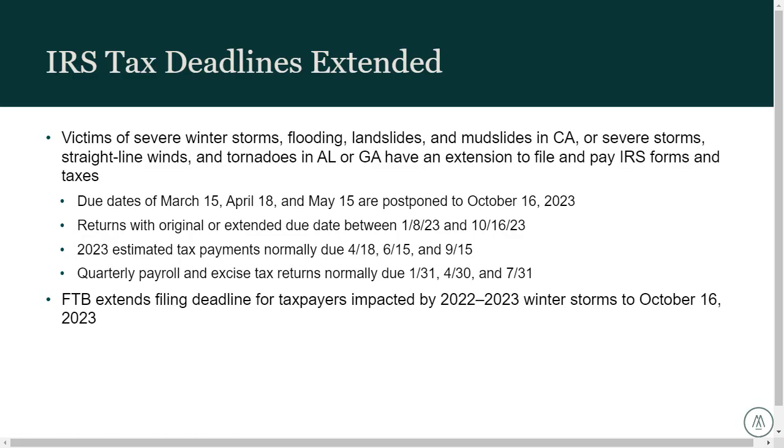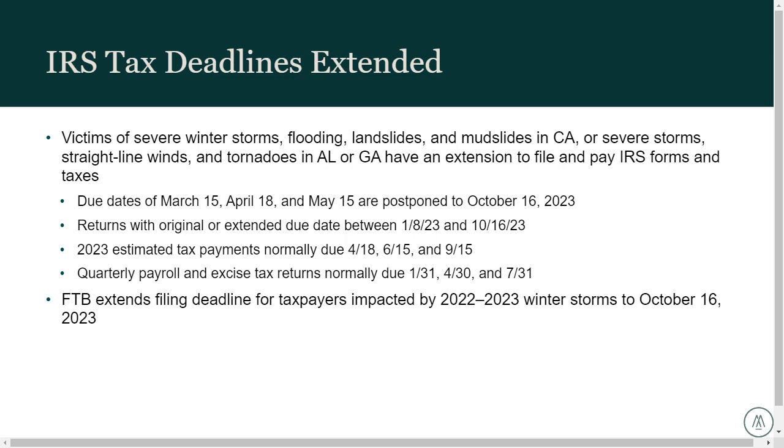First, a friendly reminder, the IRS announced in February that tax-exempt organizations, as well as individuals and businesses, in federally declared disaster areas in California, Alabama, and Georgia are getting relief on filing and tax payment deadlines. For California, there were about 55 counties that were affected by the severe winter storms that qualify for this relief.